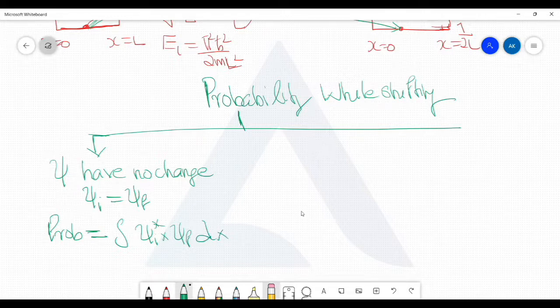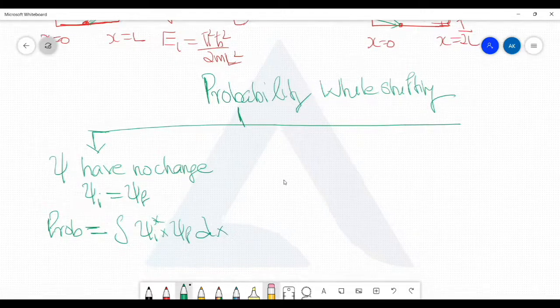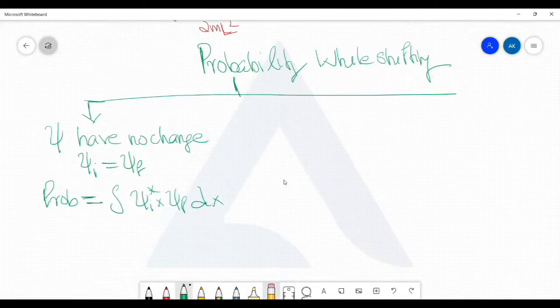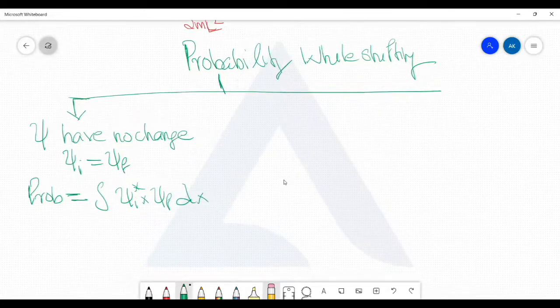Okay, this is a probability. If psi having no change, that is ground state to we are getting a final state where that state wave function is similar to the initial case, then you can use this. But sometime our wave function will change. In the new state, after shifting, psi will change.